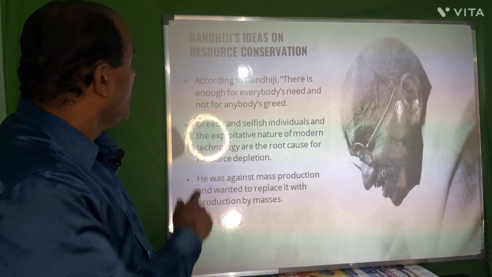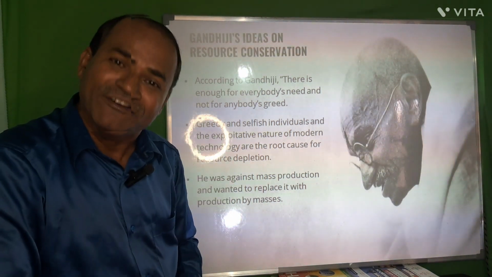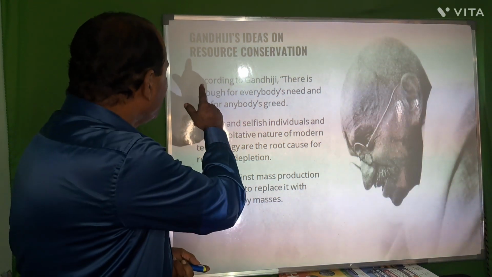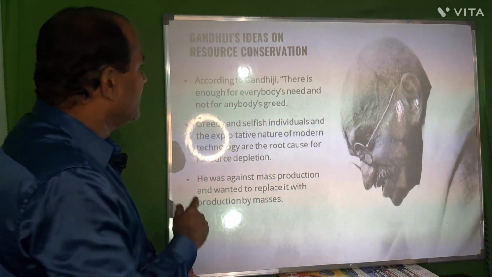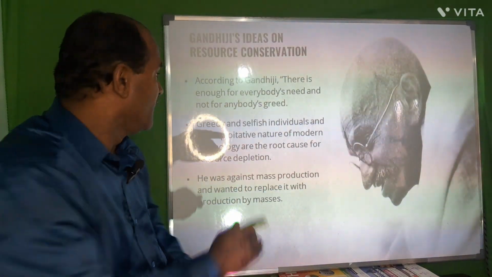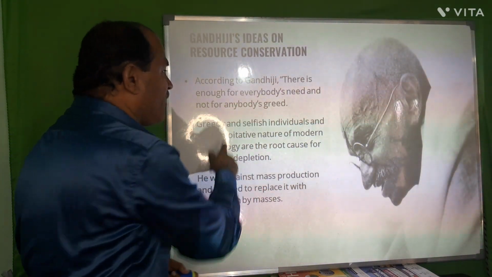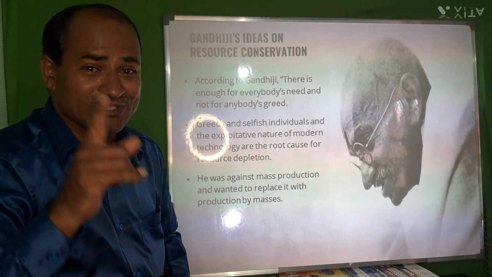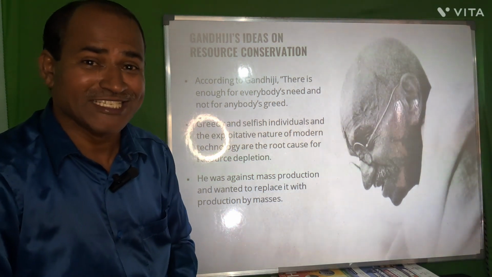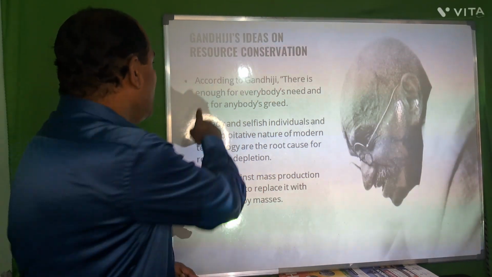Okay, students. Now, what quotation did Gandhiji give about resources? Mahatma Gandhiji quoted that there is enough for everybody's need, but not for anybody's greed. So who quoted this? This is said by Mahatma Gandhiji. You should underline this.